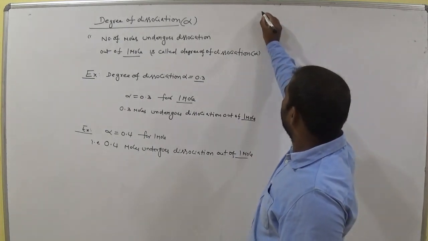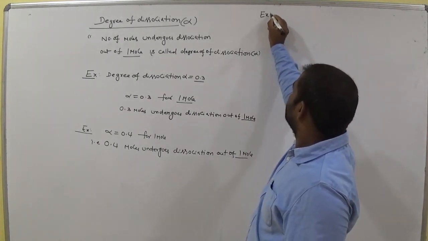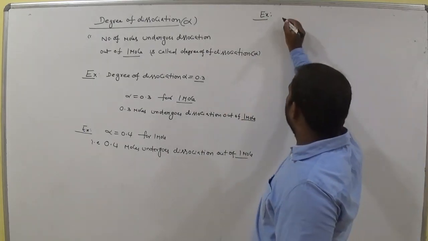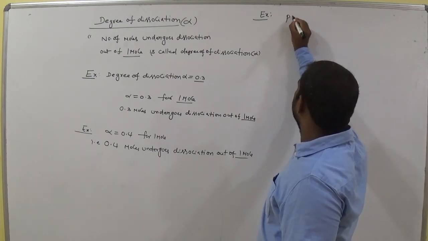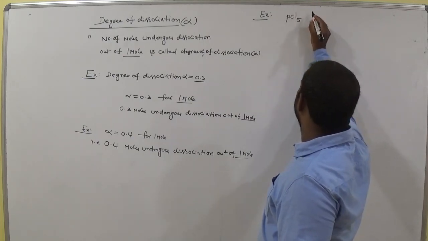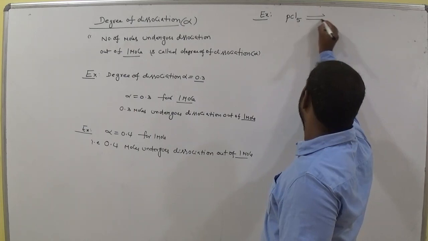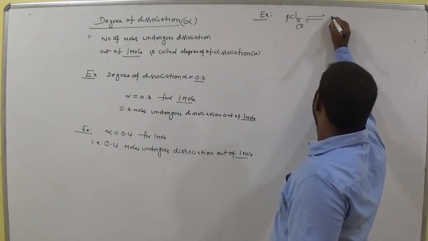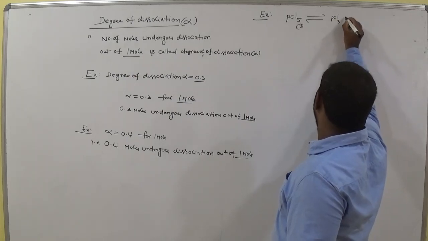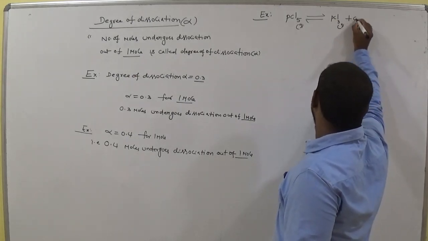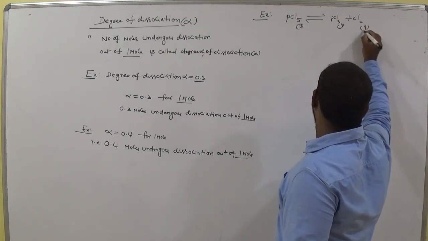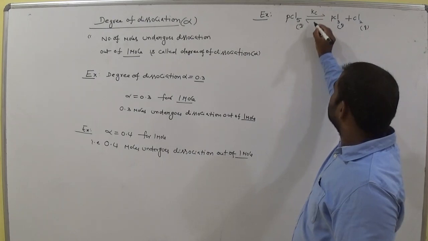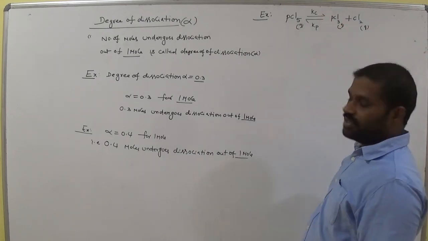Now I would like to explain with an example. The given chemical equilibrium reaction is PCl5 reversible PCl3 gas plus Cl2 gas. Is it clear? We have Kc and Kp.